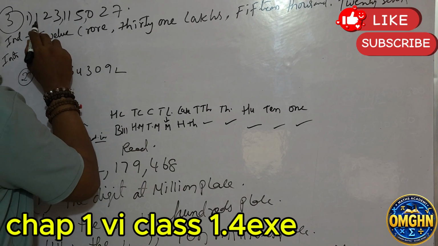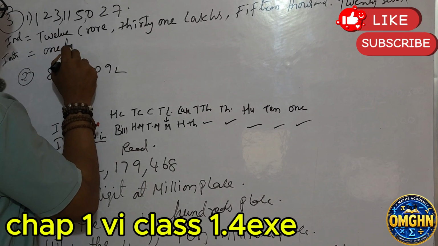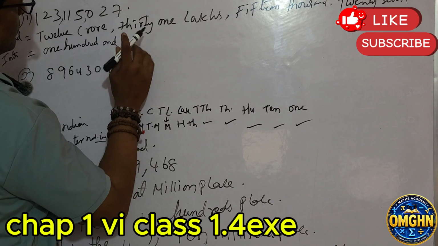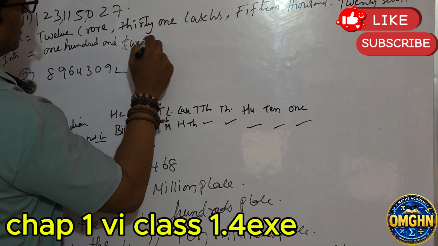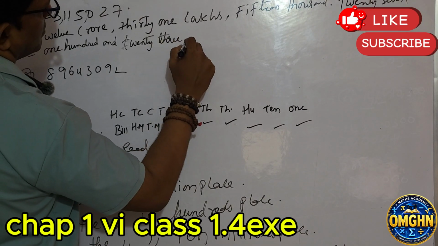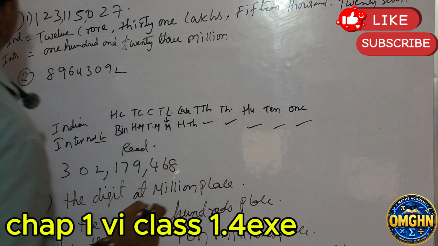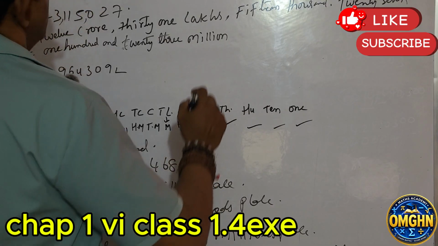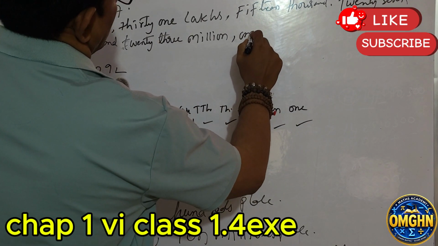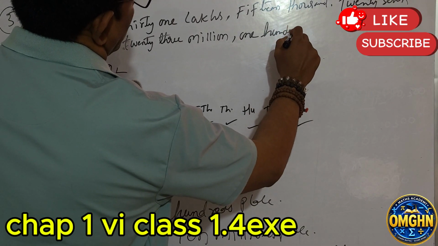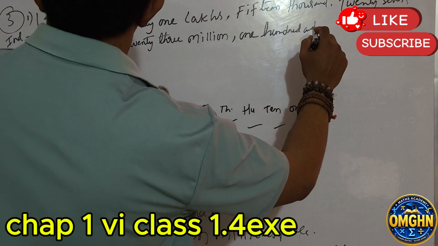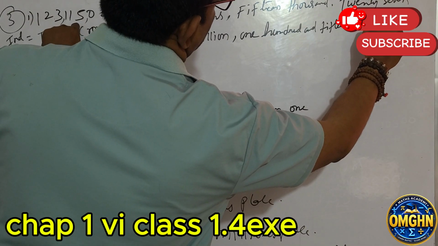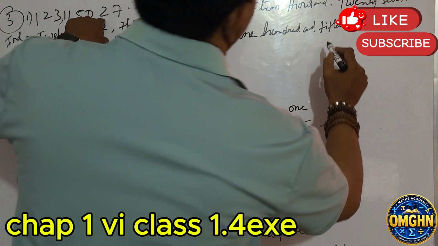See here, 1 2 3, 100 and 23 million, 123 million, 115,000 and 1027.